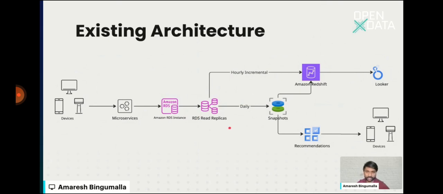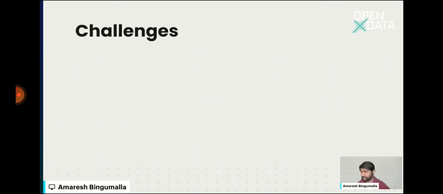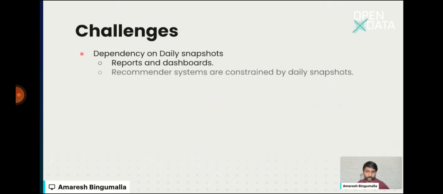As you can see, there might be some challenges or some flaws in this. The first obvious one is the dependency on the daily snapshots. Both the reports, dashboards, and the recommendation systems are constrained by the daily snapshot. If for any reason the daily snapshot is not done, the recommendation or the training pipelines and the dashboards are stale or cannot move forward.